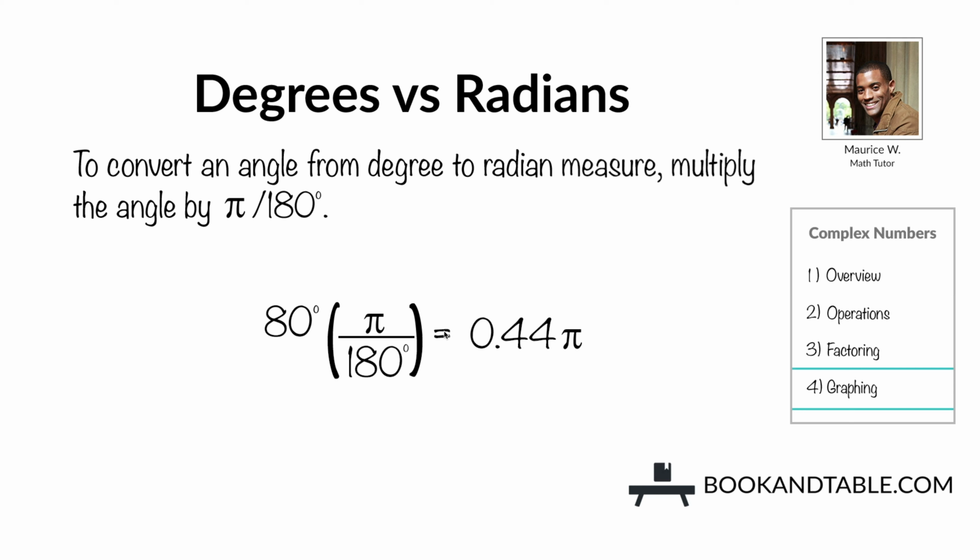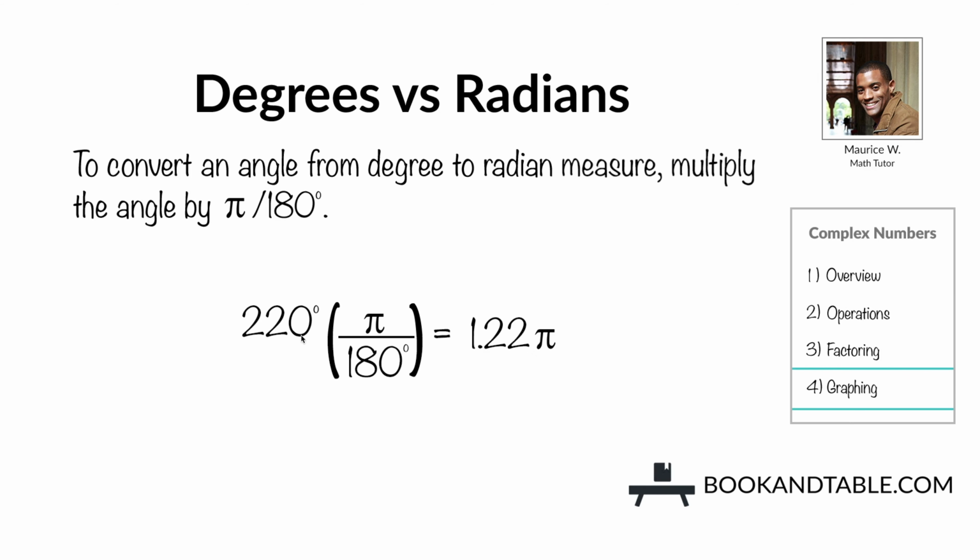So let's take a look at this. If you found an argument that was 80 degrees and you wanted to change it to radian form, 80 degrees times pi over 180 degrees is equal to 80 divided by 180 times pi, which is 0.44 pi radians. 120 degrees in radian form would be 120 degrees divided by 180 degrees, which would be 0.66 pi radians.